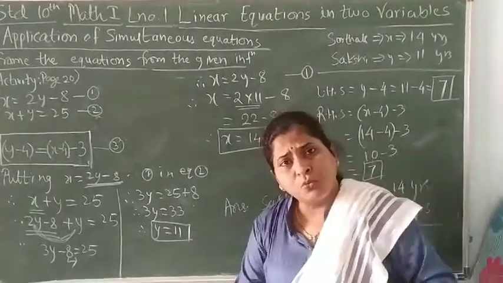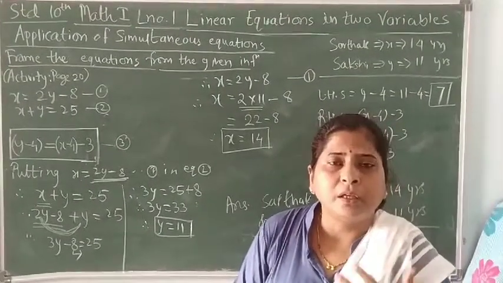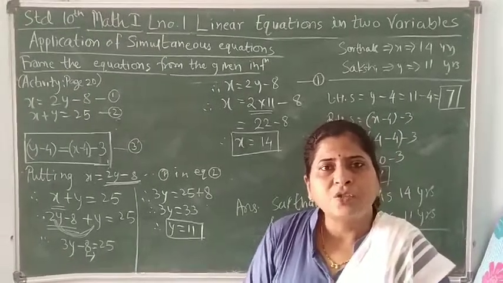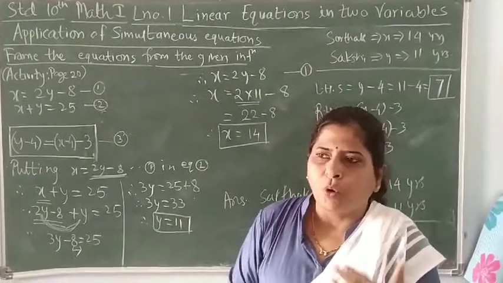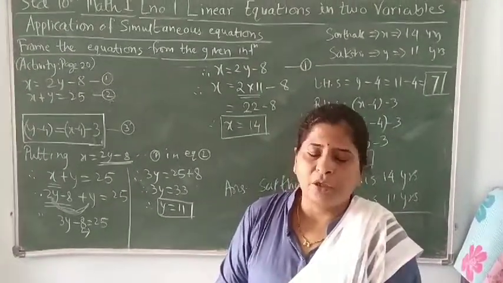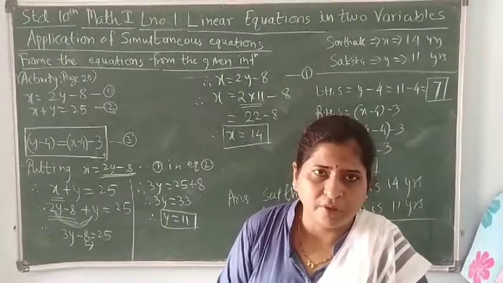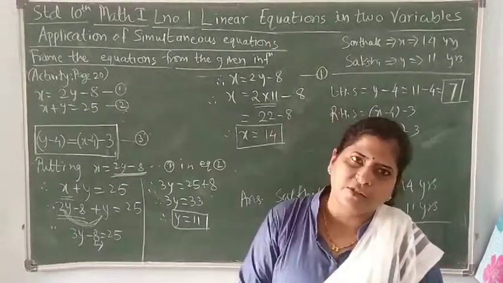Sometimes it may happen, students, that you will have only one piece of information. Then how will you get the other? In that case, you have to use your own previous knowledge about the properties of certain things which you know, and frame the other equation. What and how, that we will see in the next videos.